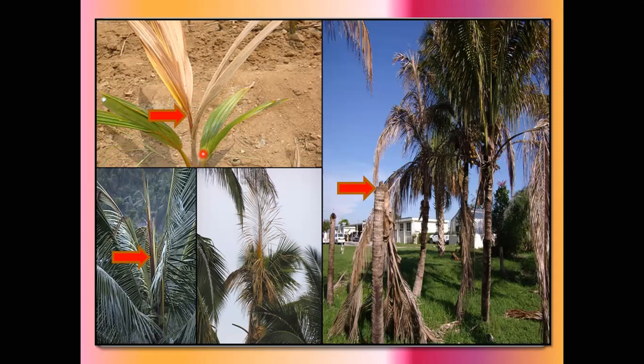So this is the bud rot infection. The spear leaves are generally infected, initially whitish spear leaves are seen, and the bud points rot from the spear leaves up to the bud point and finally go downward.